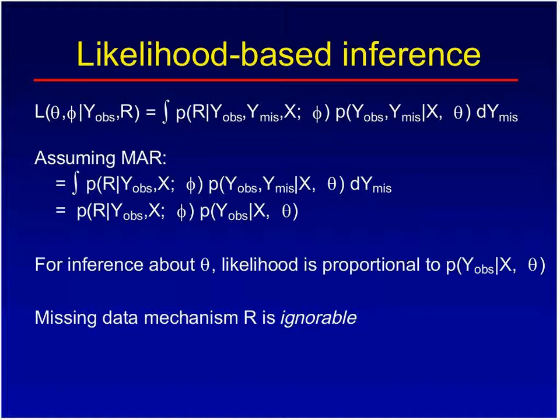We integrate the joint distribution of Y obs and Y miss over Y miss, and you're left with the marginal distribution of Y obs, so we have a product of two likelihoods. If you're missing at random, the observed data likelihood is proportional to the likelihood for your observed Y given X. In that case, we can just ignore the missingness and analyze the observed data. We say that R is ignorable.